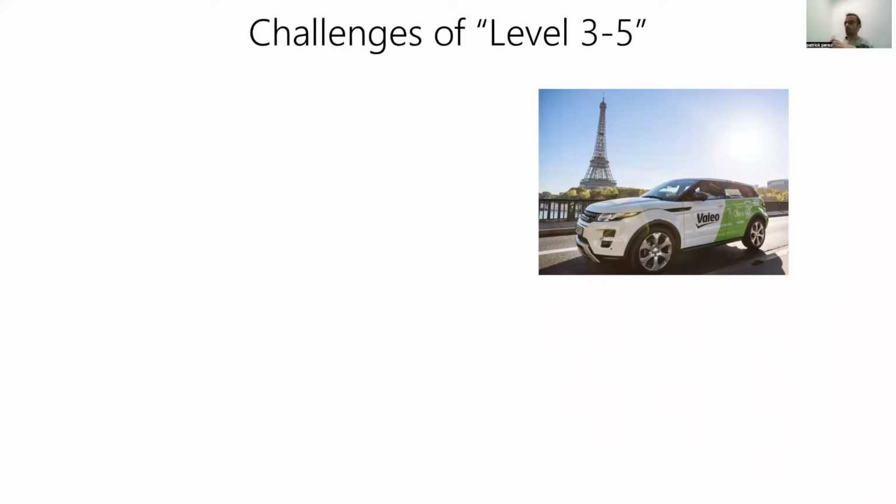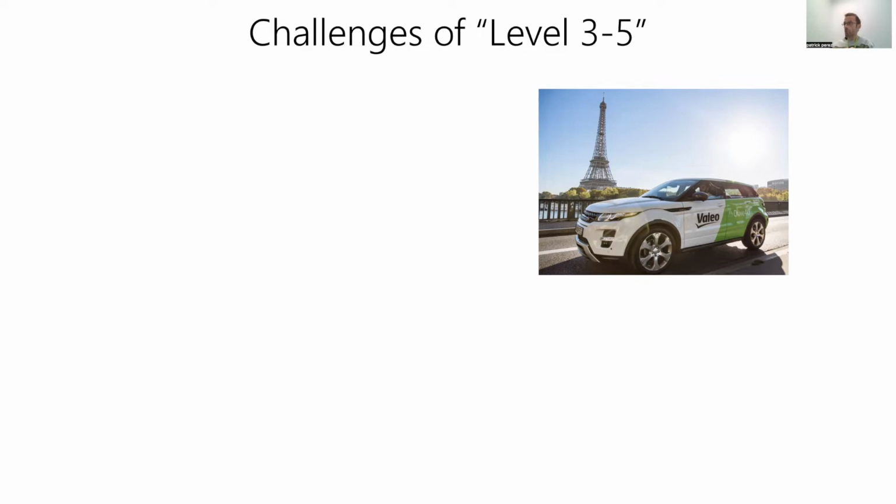So this is essentially the challenge of what is called level 3 to 5 autonomy. For those who are not completely familiar with this taxonomy, autonomy level 3 and up is when the car is really becoming in charge as opposed to the driver, even in terms of liability. Level 3 is sort of partial automatization, but you can already have your hands off the steering wheel and your mind off.